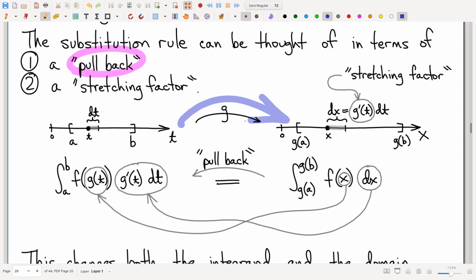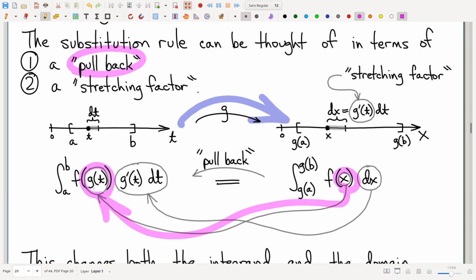Here's the weird thing. Points, yes, they go that direction. But when I plug in, for example, keep in mind x. I know what x is. x is g of t. That's a formula that I have for x.